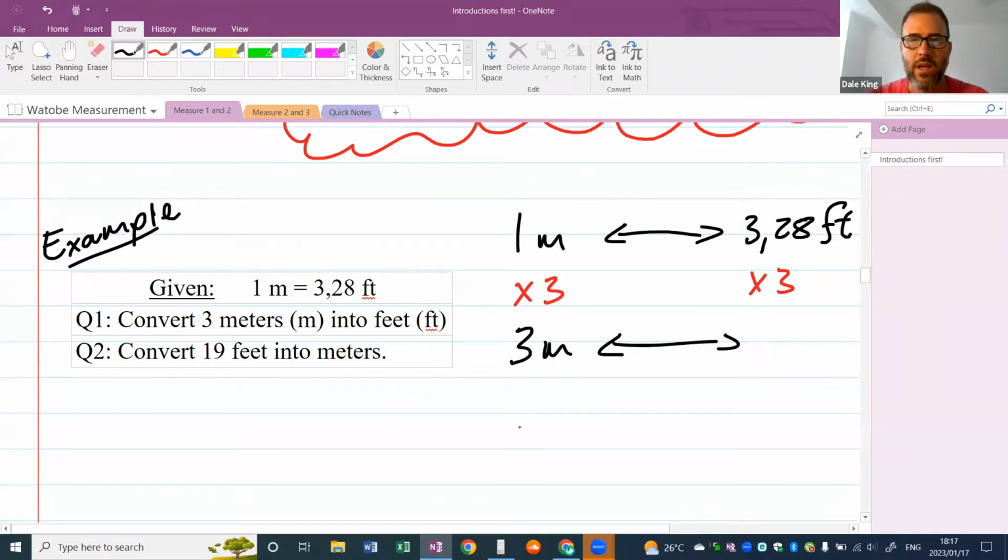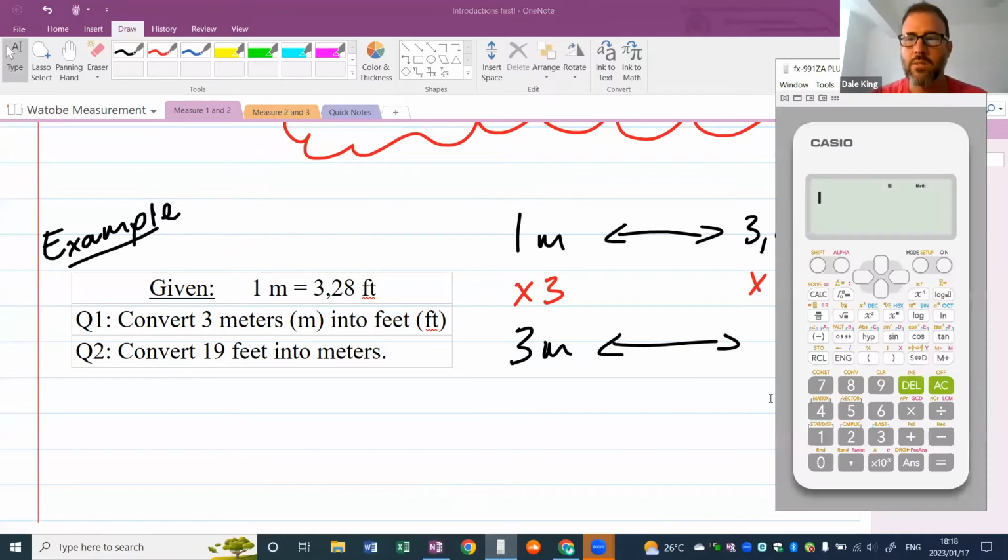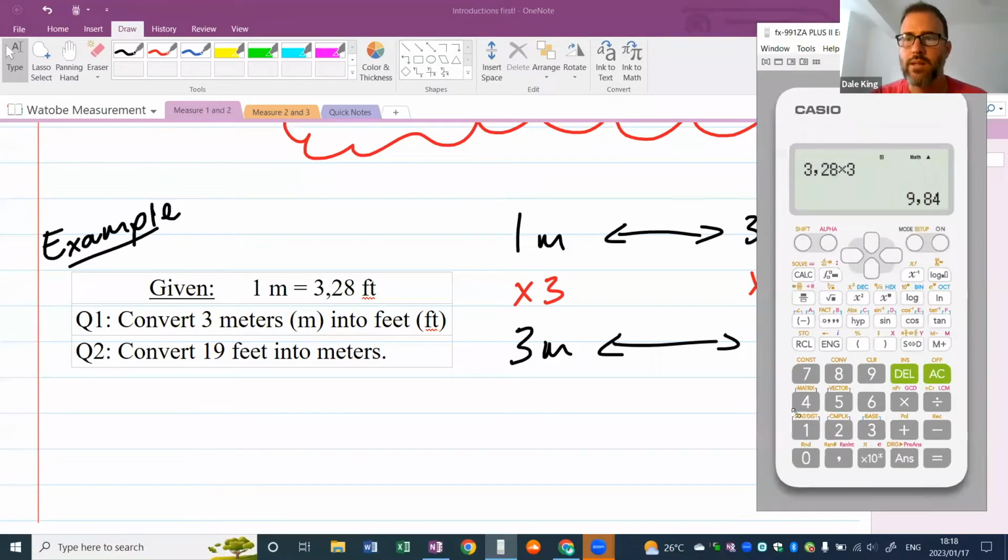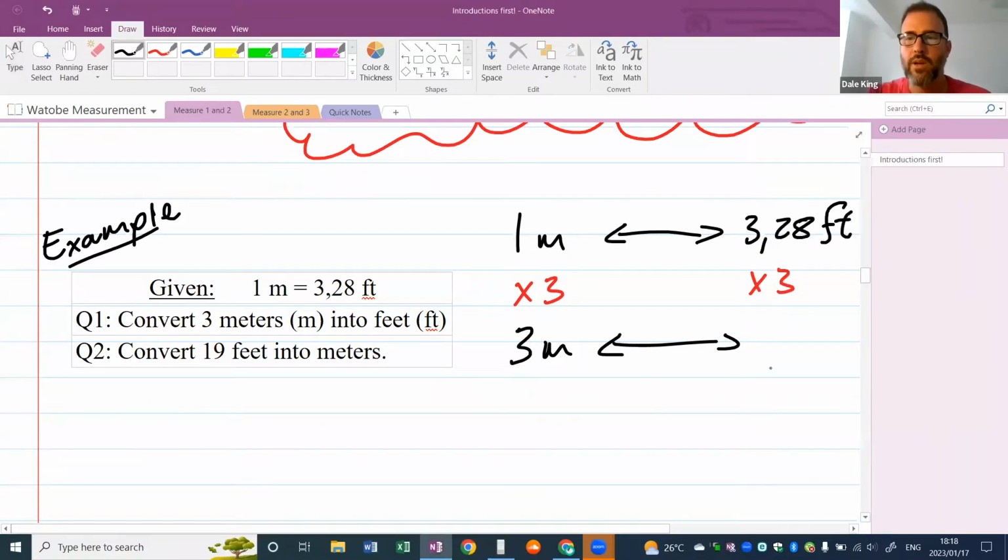So how does our 3,28 multiplied by 3 look? Here's my calculator. I'm just going to say 3.28, and I'm going to multiply by 3. And our answer, let's change it into decimal form, is 9,84. So if we multiply 3,28 by 3, we get 9,84.